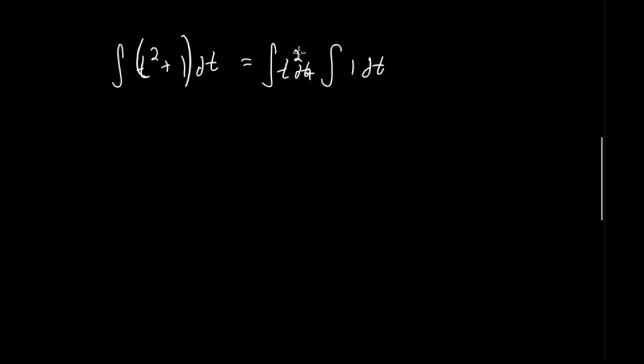Now we just have to focus on each piece. The integral of t squared is simply t cubed over 3, and the integral of 1 is just t. And then this would be plus c, and we only need one c, because although we are taking an integral twice, because there's addition, we only need one constant.